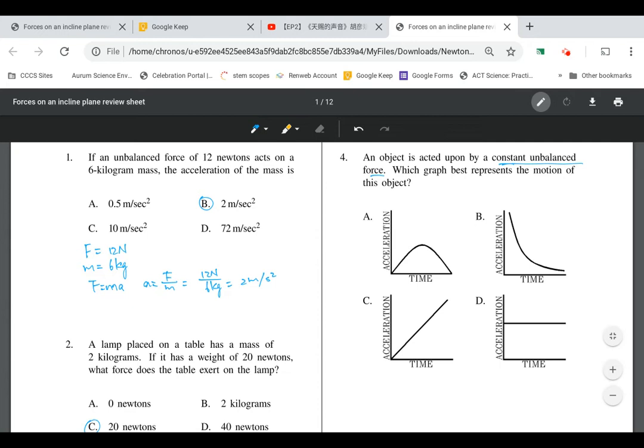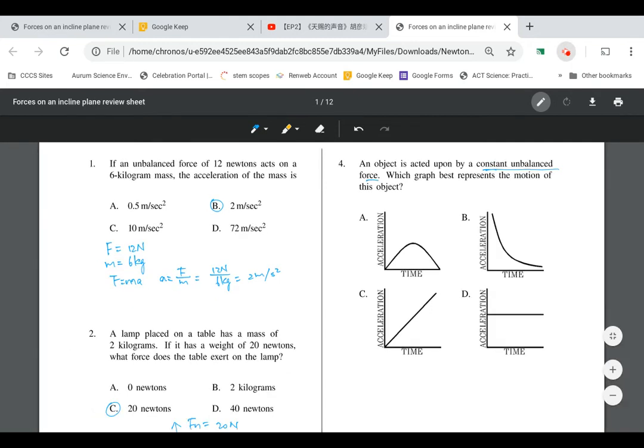So we have a constant unbalanced force, so F equals ma. Remember, F and a are directly proportional, right? So if F is constant, your a is also constant over time. So your answer is D. D is the only one that shows a is constant.